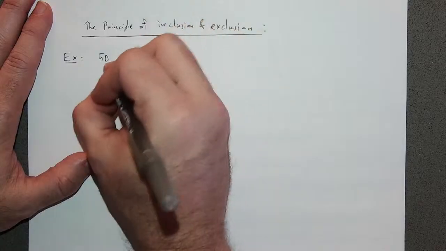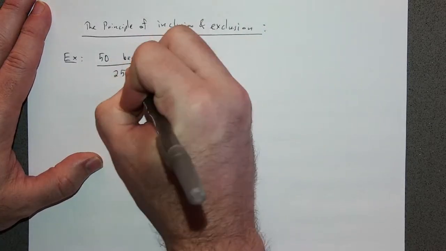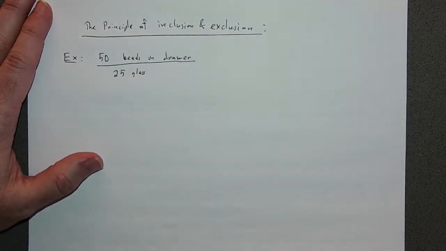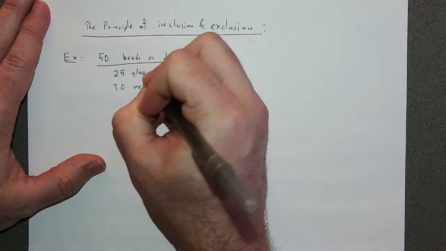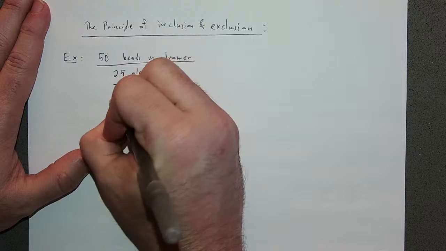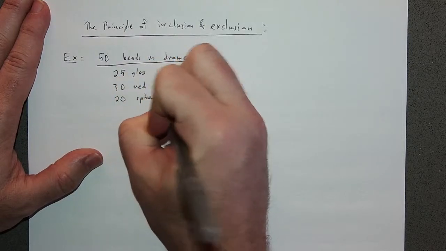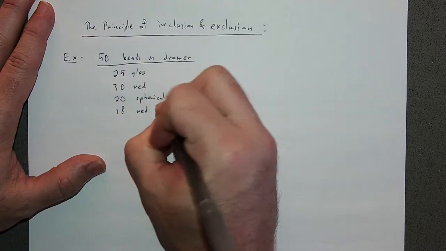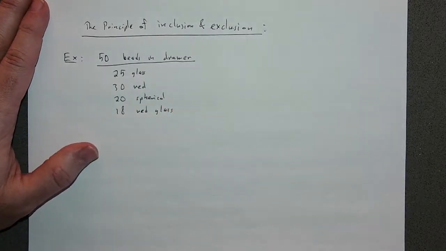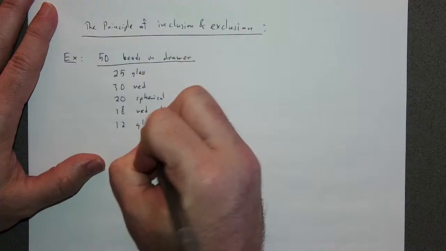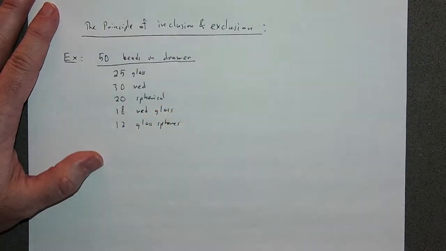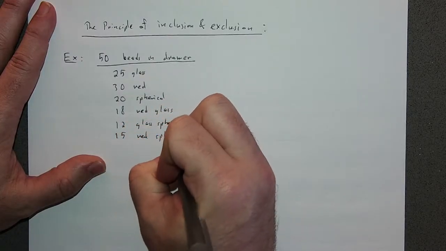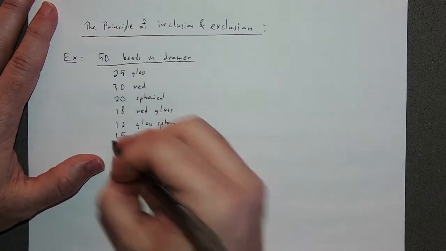We'll say 25 are glass, 30 are red, 20 are spherical, 18 are red glass, 12 are glass spheres, 15 are red spheres, 8 are red glass spheres.